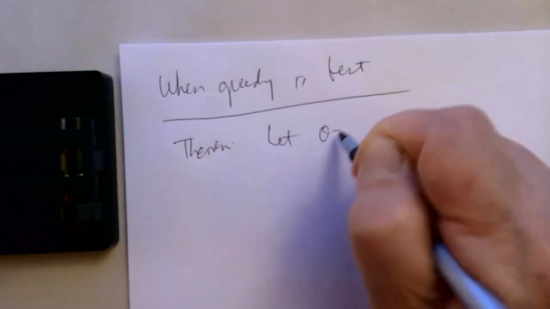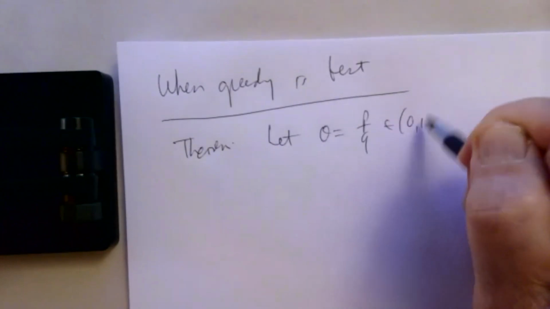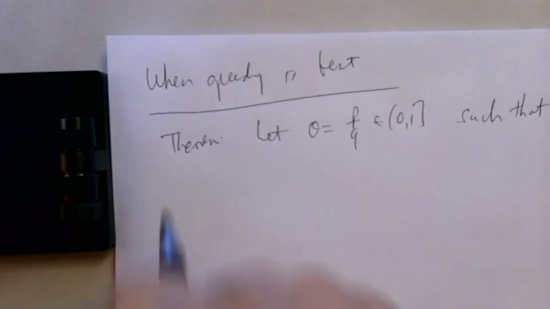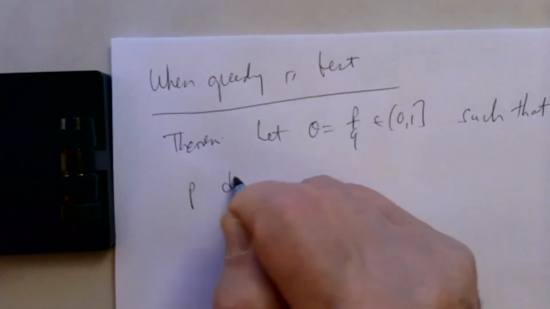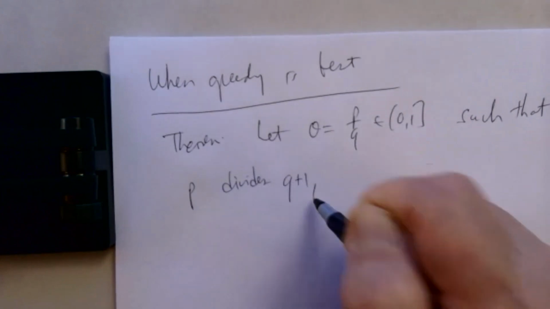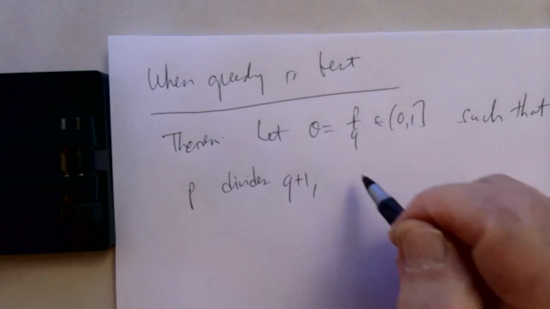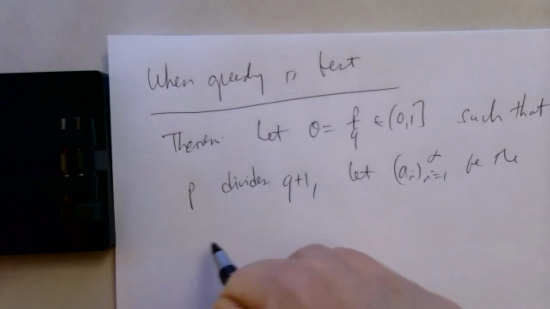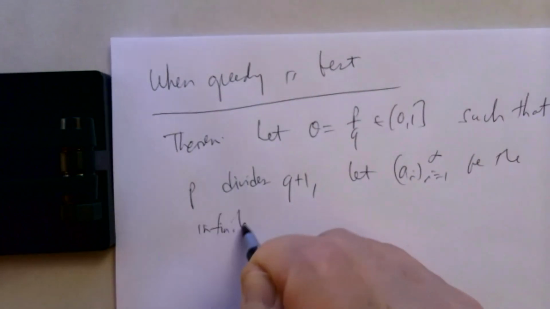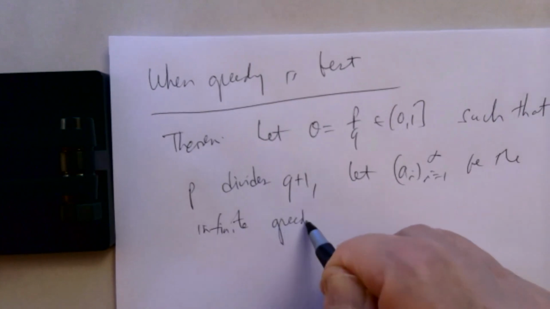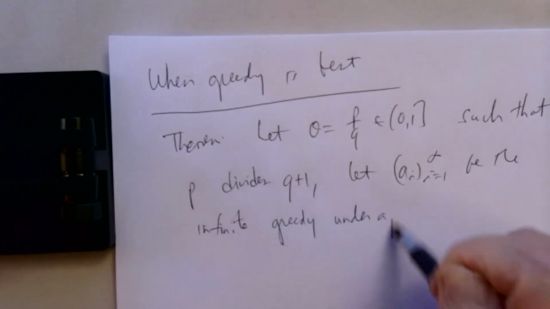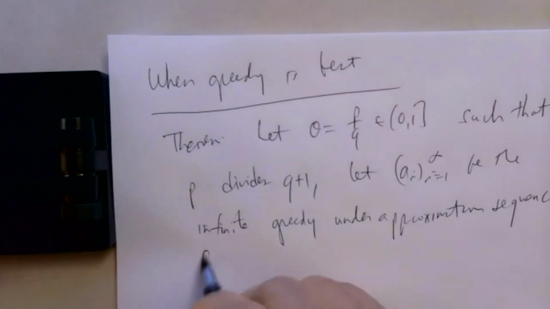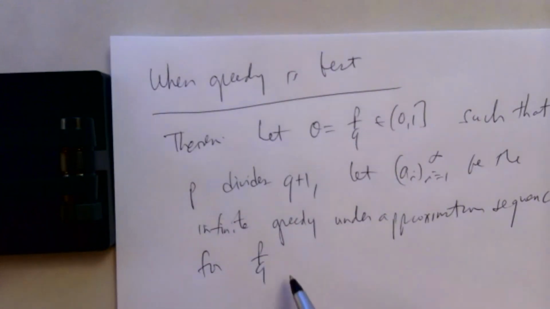And if we let theta be some fraction p over q between 0 and 1, such that the same condition holds, p divides q plus 1, and let a_i be the infinite greedy under approximation sequence for p over q.